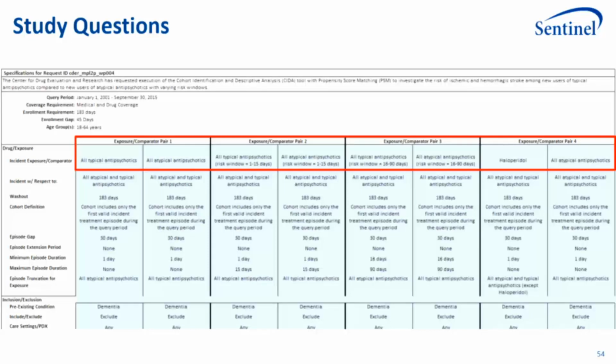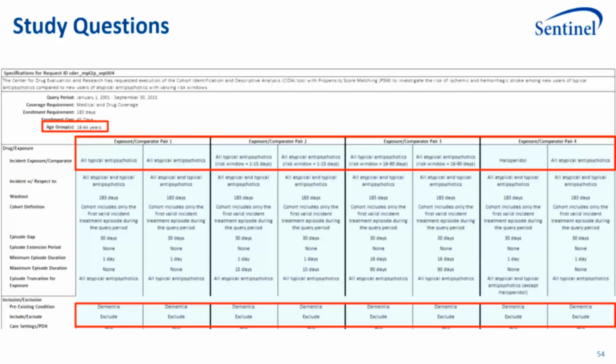The middle 2 columns specify different risk windows during follow-up to identify the event. The last column group on the right compares haloperidol users only to any atypical antipsychotic users. For all comparisons, we apply the age restriction, 18 to 64 years old, and the dementia exclusion.